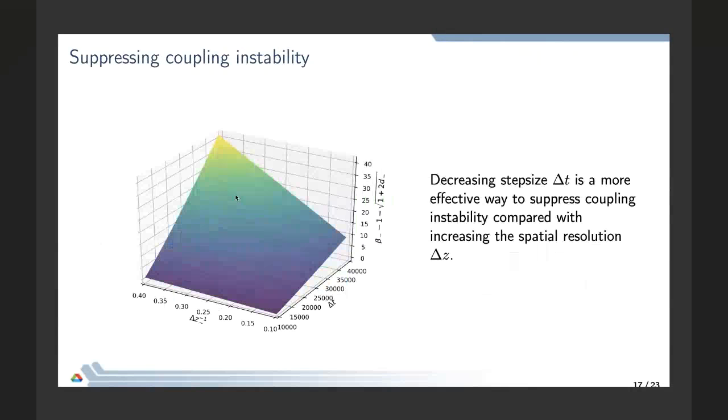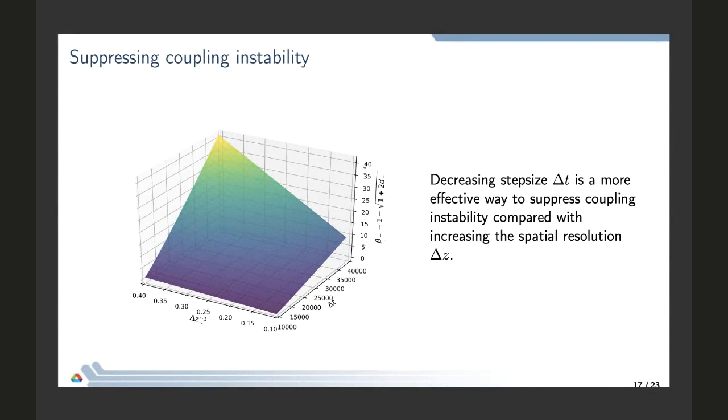So what can we do if our simulation is in the unstable regime? By an unstable regime, I mean the residual for this constraint is larger than 0. To make it stable, we need to drive it from a positive value to 0.